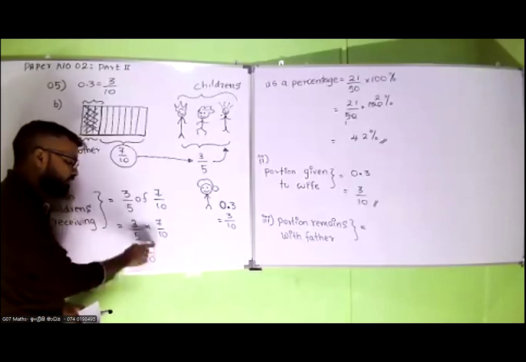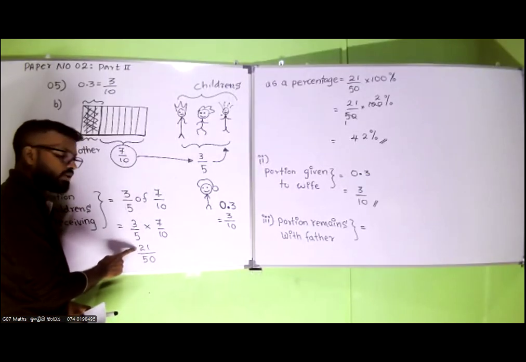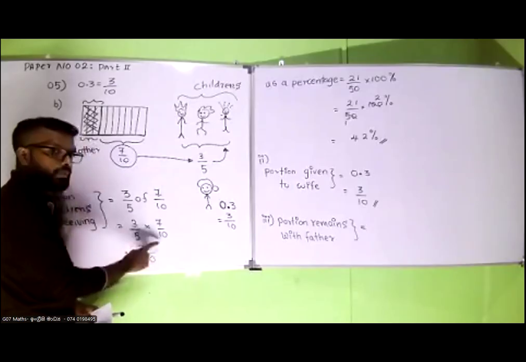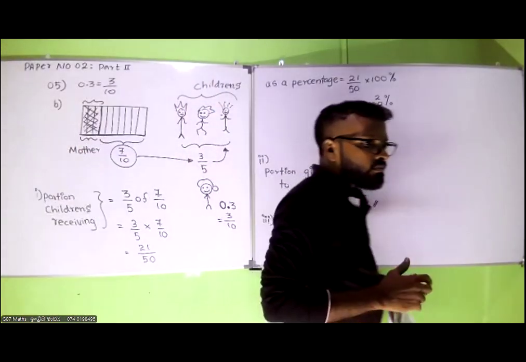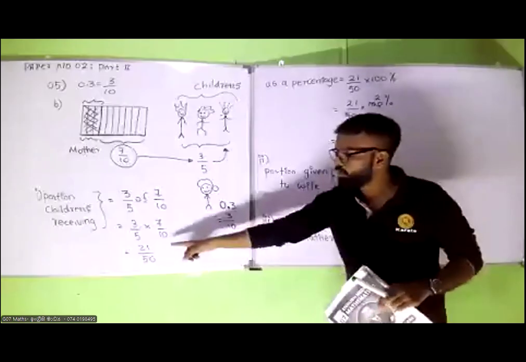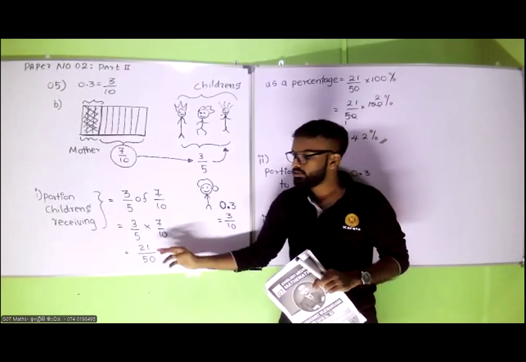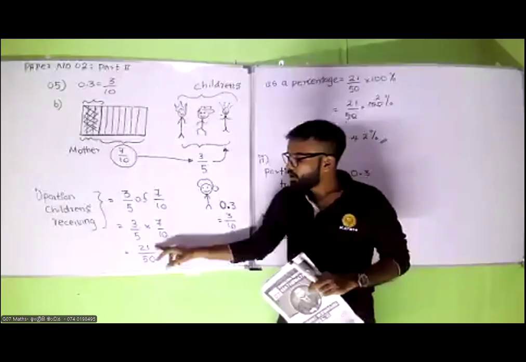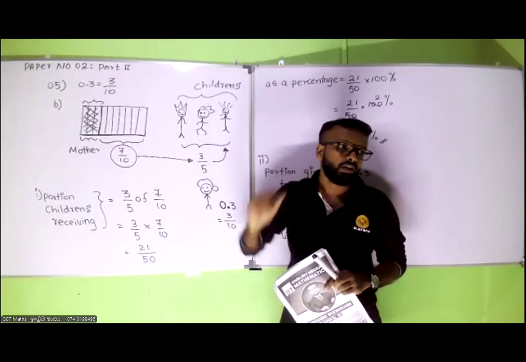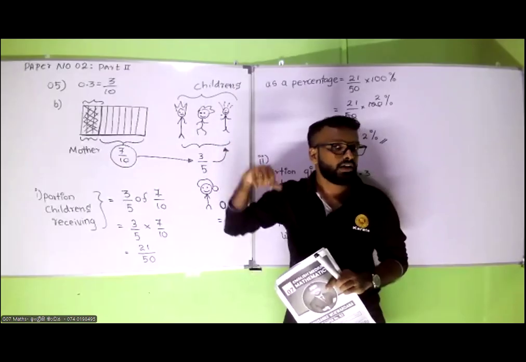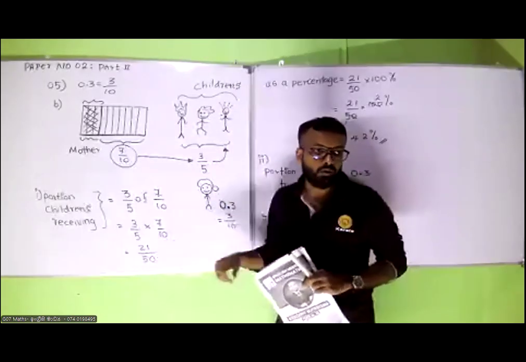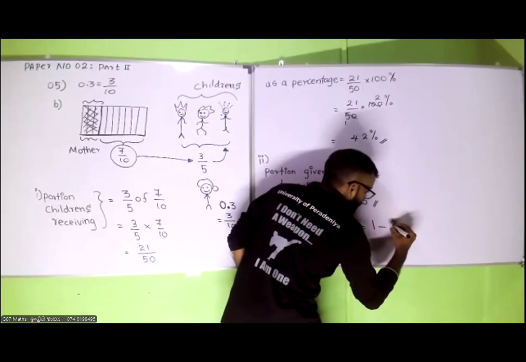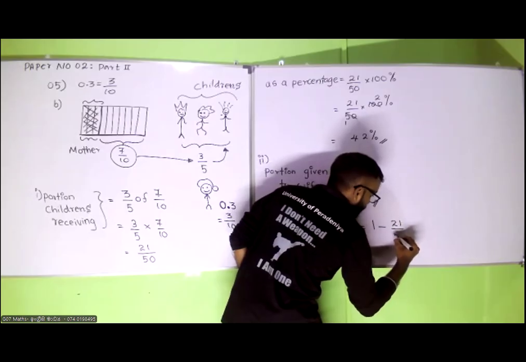How many parts do we need to add to the numerator to complete the full fraction? If you want to convert this into a full fraction, we complete this numerator up to 50. That is the remaining portion with the father. So you have to subtract 21 upon 50 from 1.